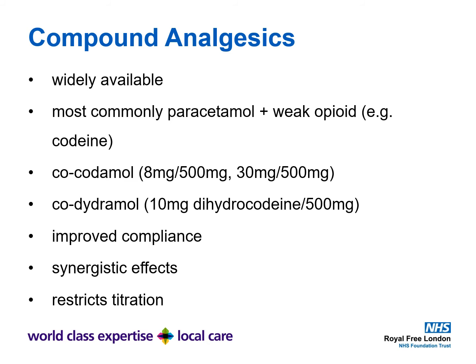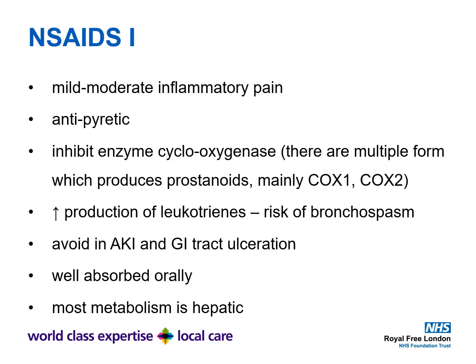Co-dydramol would be typically 10 milligrams of dihydrocodeine, which is stronger than codeine, and that's also over 500 milligrams of paracetamol per tablet. This will often improve compliance. There are synergistic effects, although it does make it a bit harder to disentangle what it is that's making the patient feel better and can restrict titration a little bit.